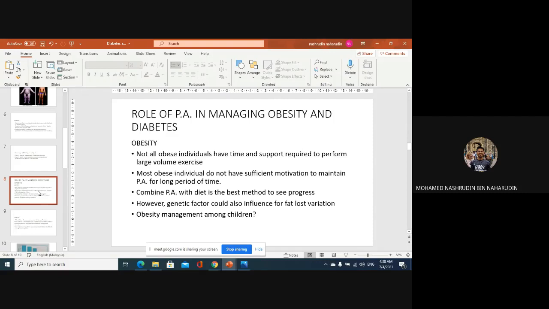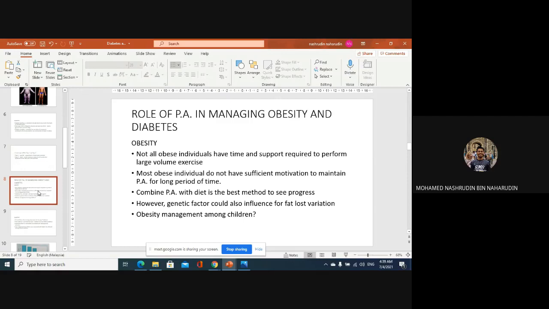So now let's look into how physical activity can manage both obesity and diabetes. There is a lot of evidence out there reporting the effectiveness of physical activity in both preventing and managing obesity and diabetes.